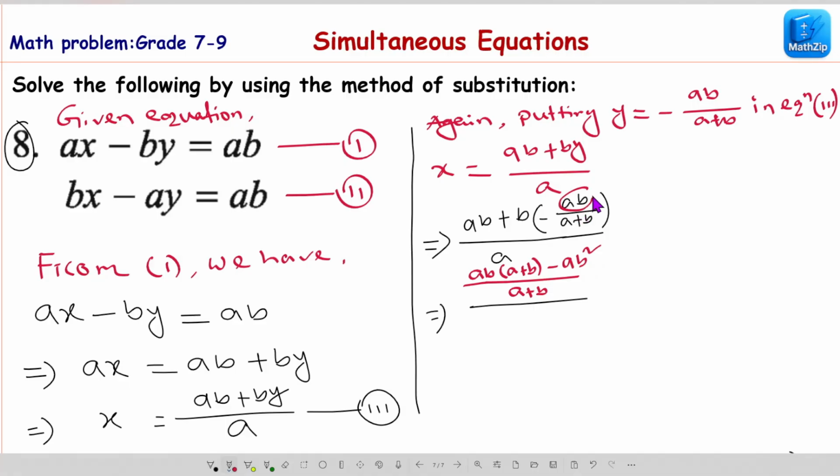Here is ab and here is b. Once we multiply, it will become ab square, divided by a. Then ab times (a plus b) means a square b plus ab square, minus ab square, divided by (a plus b), times 1 by a.